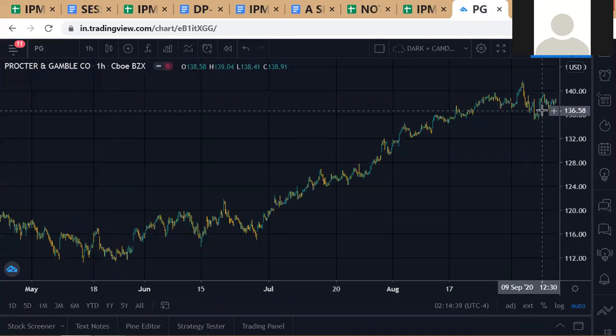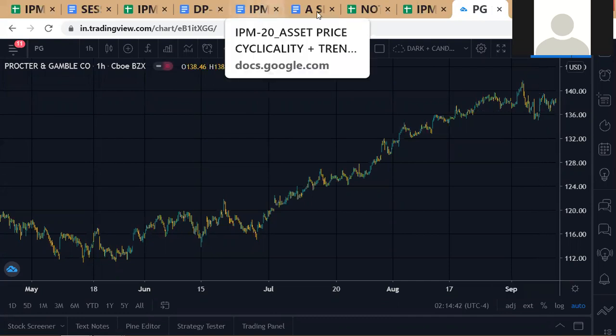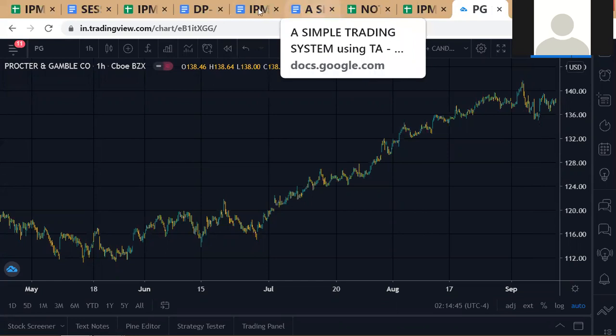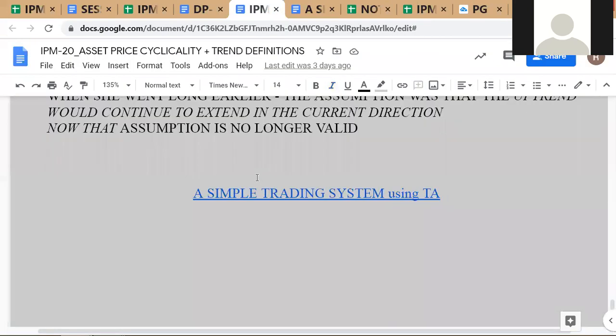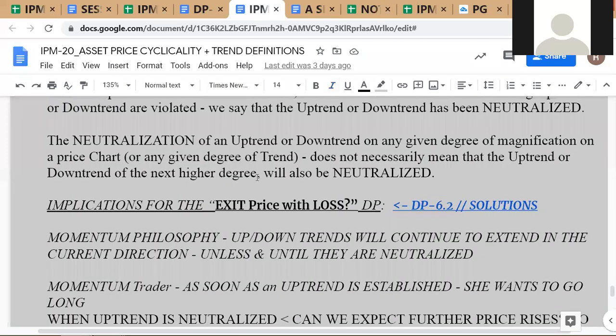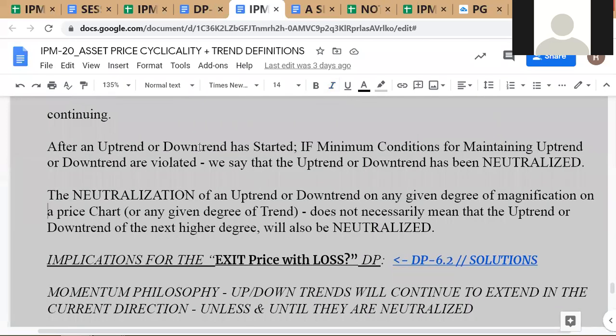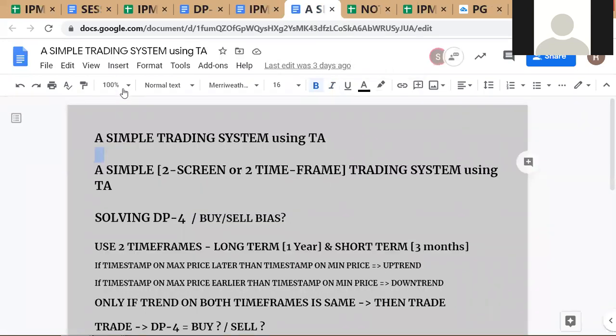We're trying to establish a TA system, a simple TA system which you can use. So what we would do is, I had written something here. I'm going to copy this also and put it into a simple trading system.